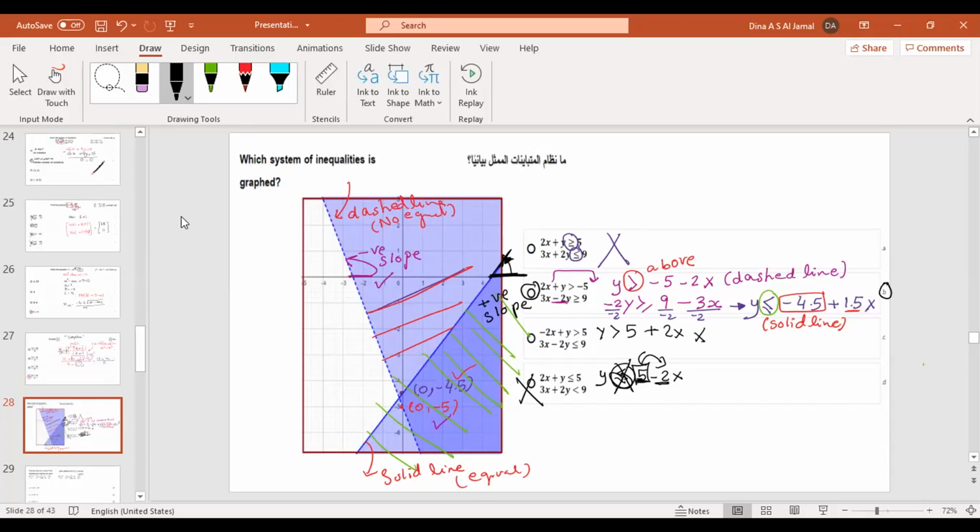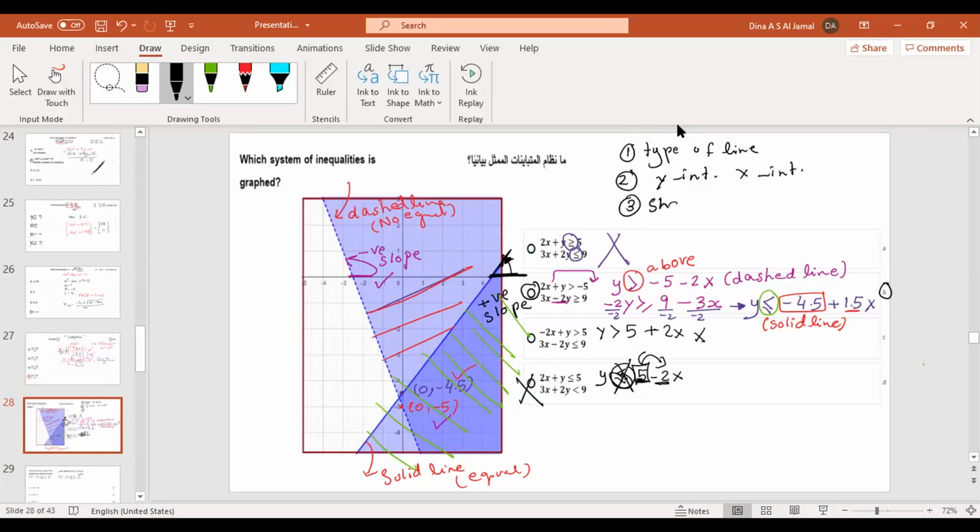So it's all about a game of checking. First of all, the type of line. Second, you can check the y-intercept and x-intercept. They can help you. Also, with the type of the line, of course, you will be checking the equal sign.